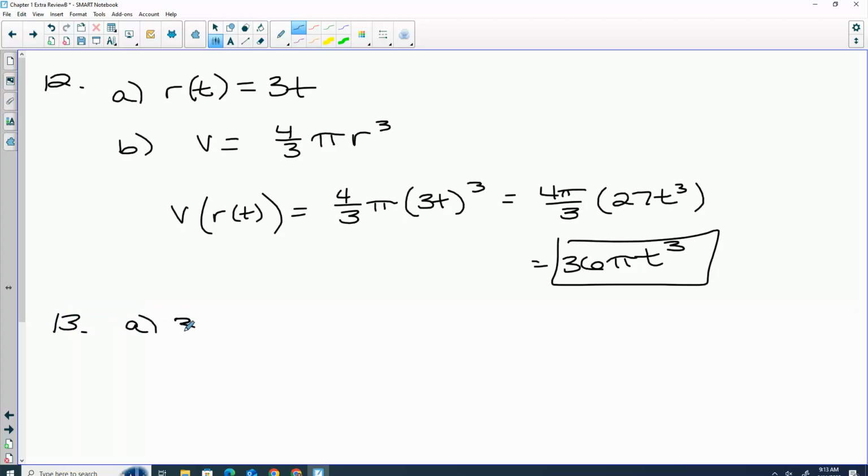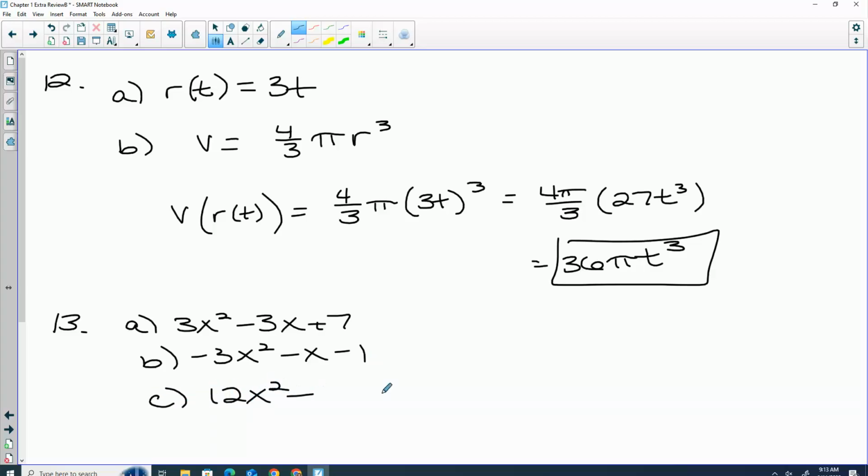Let's just check our answers. Part A, 3x squared minus 3x plus 7. B is negative 3x squared minus x minus 1. C, 12x squared minus 34x plus 28. And D is negative 13.